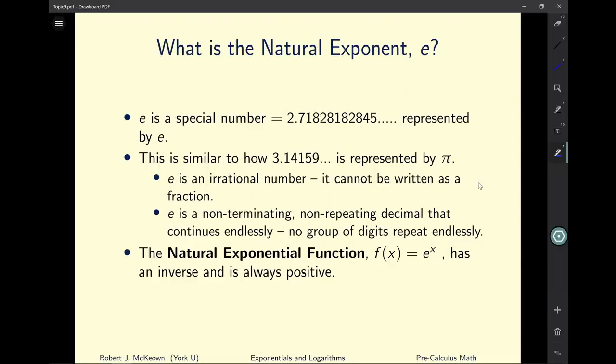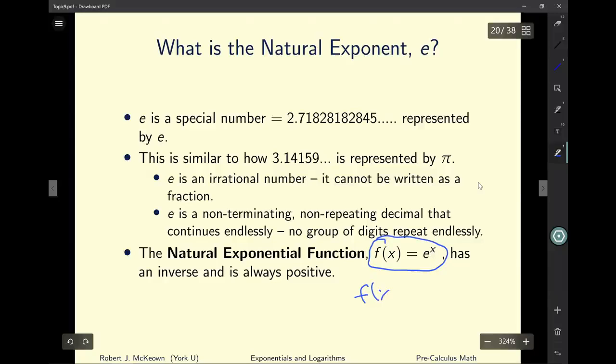The natural exponential function is very useful for the social sciences, business, and economics. And it has the form e to the power x, or if we wanted to see something like, say, population was a, we could write it like that.